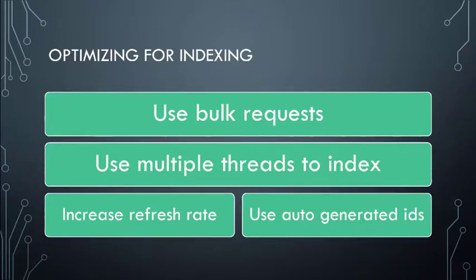However, if you're in the process of an active indexing, then it might not be necessary to refresh the index just yet, and this will cause slowdowns. So you can increase the refresh rate, or even stop it altogether when indexing and reset it once you're done indexing.